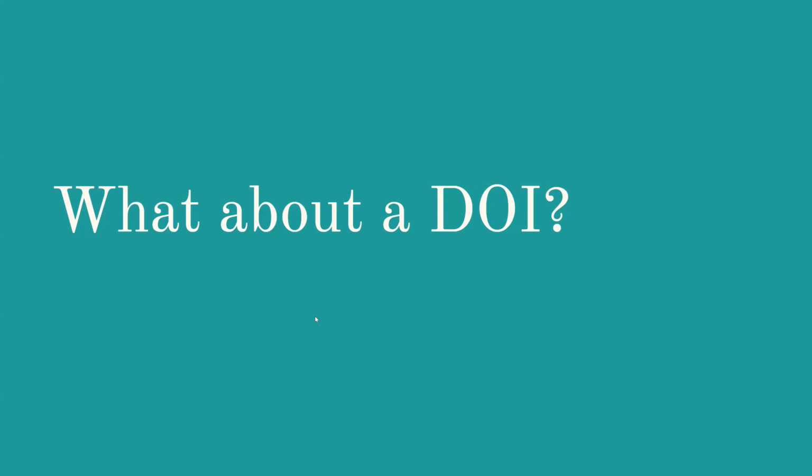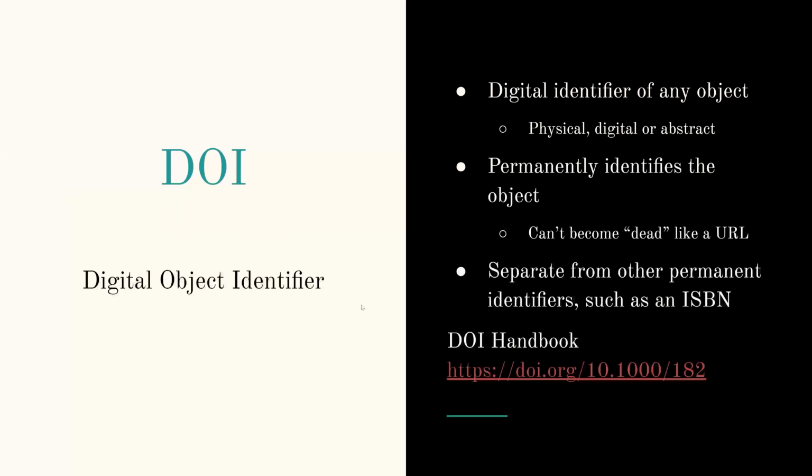All right, now what about a DOI? So DOI is different from a URL, just like an ISBN is different from a URL. A DOI is a digital object identifier, and this digital identifier, this number, can refer to any kind of object. It could be a physical one, it could be something that is digital or abstract.